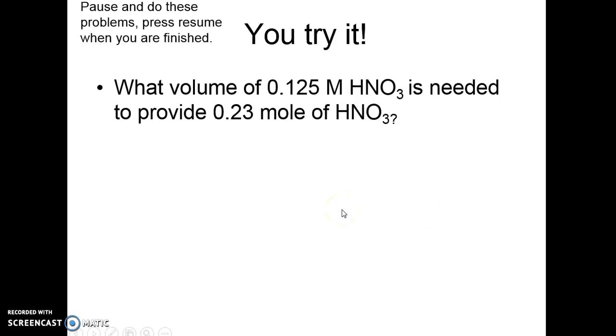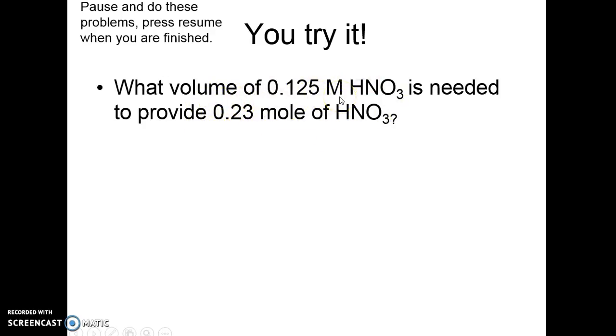Try this problem, figure out what type of problem it is, and then proceed. It says, what volume of a 0.125 molar nitric acid solution is needed to provide 0.23 moles? Well, this is going to be my conversion factor, so I'm going to be starting with this.